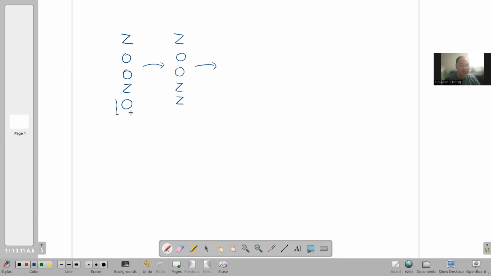And the next time, the lowest O is this one, so this becomes a Z, and everybody down there becomes an O, and then you just keep on going. Z, O, Z, O, Z, and so on. And you have up to 60 of these things.